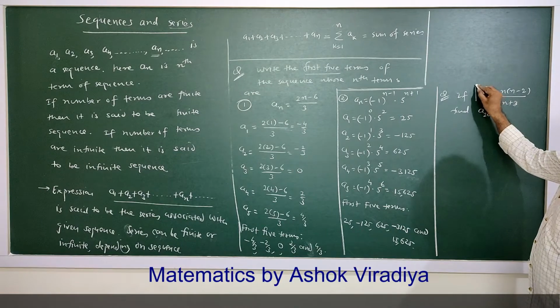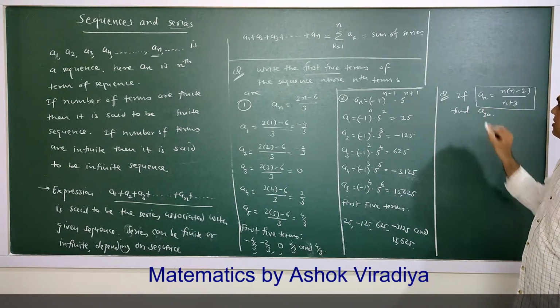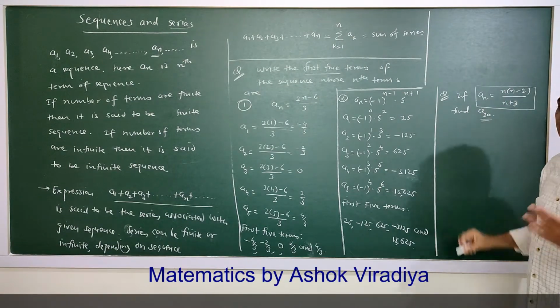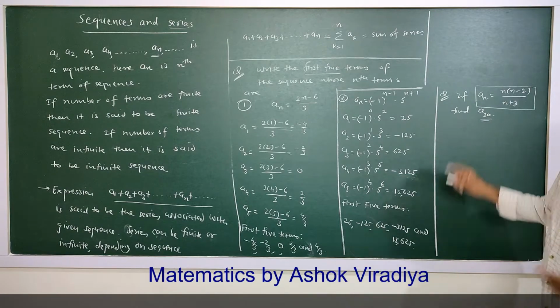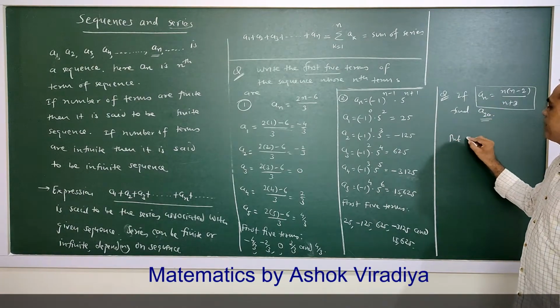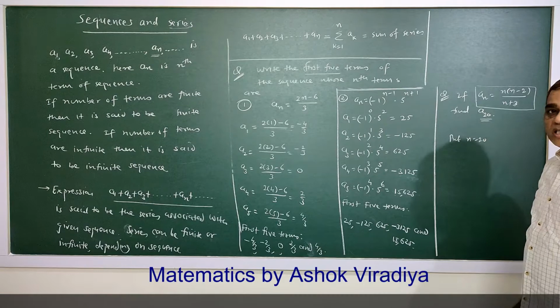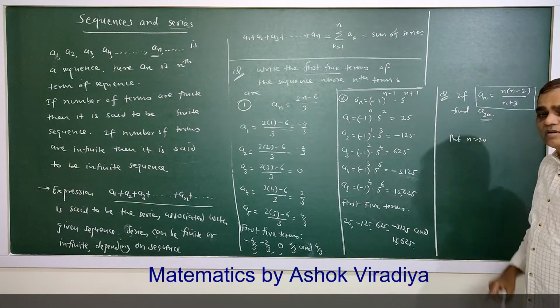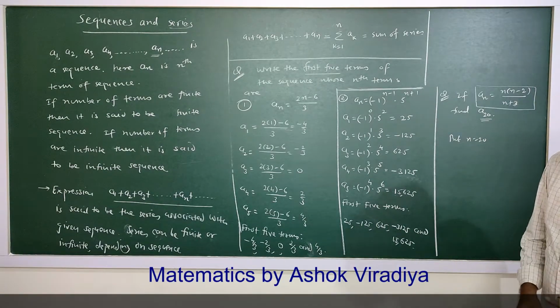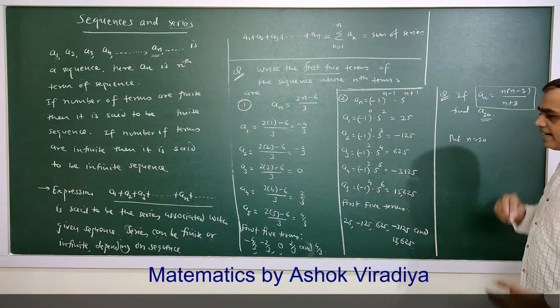Here this is an. So we need 20th term. So what we do? Put here n equal to 20. If you want 200th term, put n equal to 200. Whatever you need, put value of n.